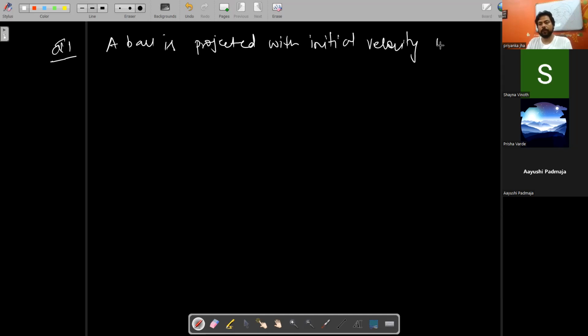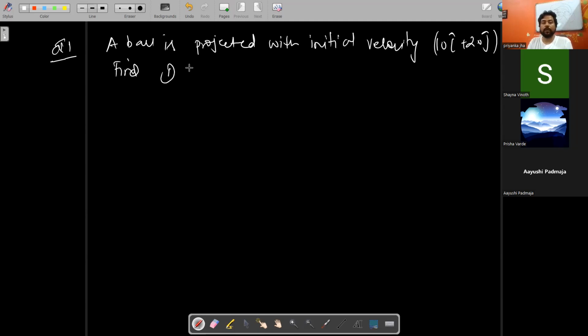Okay, so now one question for you all. You have to solve this. A ball is projected with initial velocity 10i plus 20j meter per second.